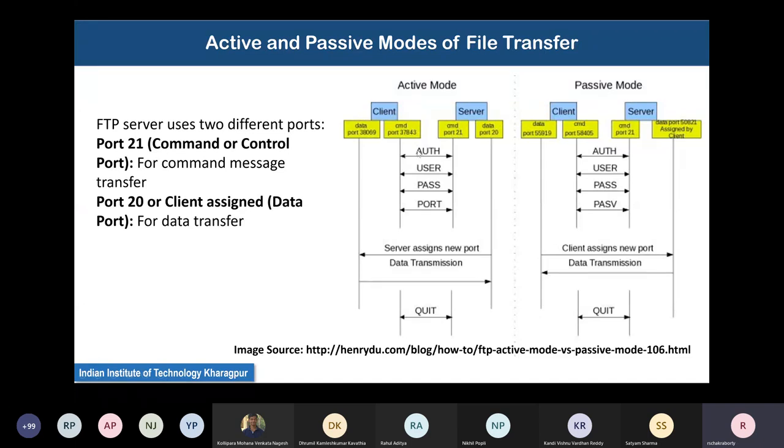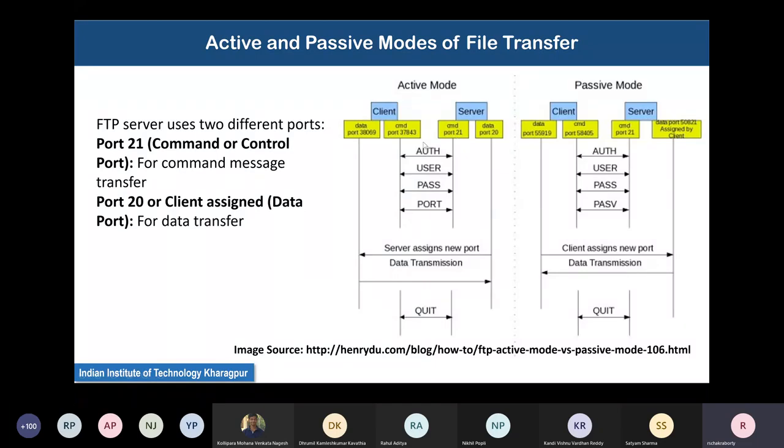How was 37843 chosen by the client? Well, this was randomly chosen. It has to be less than 65,000 something, and it has to be more than 1024. So, by this rule, 37843 was randomly chosen, and it connected to the server at port 21.